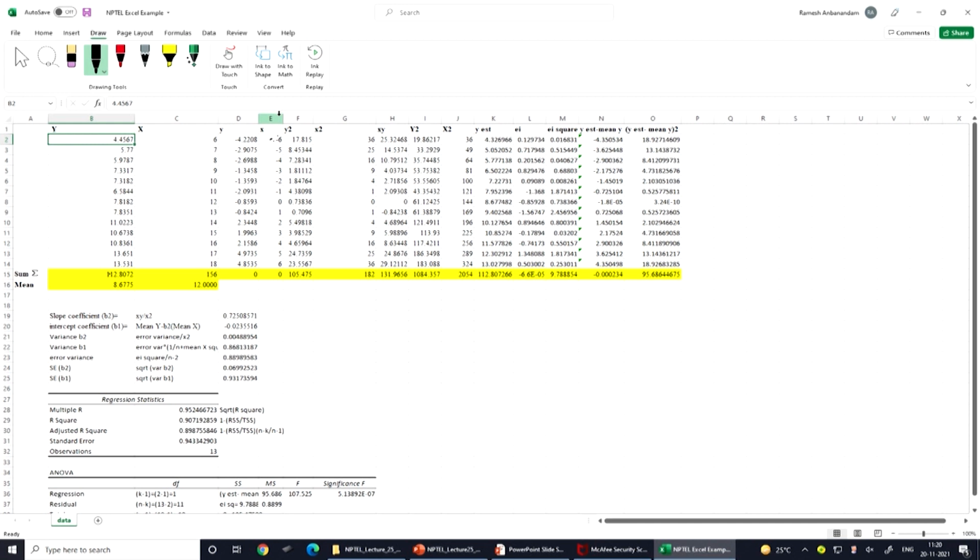Then the product between x and y. Then capital Y and capital X are the observed variables. Estimated variables we will also require, so capital Y square and capital X square are also calculated, along with y estimated, and the error we can also estimate.